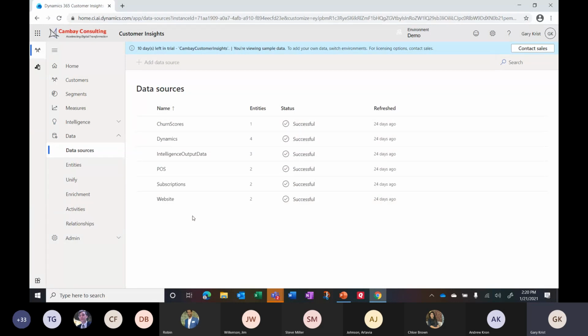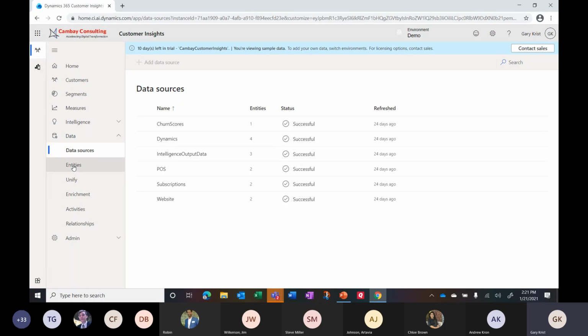So we can have as many data sources as we want set up here. And again, these are all being merged together and stored within the Azure data lake. And within each of these sources, we can also have multiple entities. For instance, Dynamics, you'll see there's 4 entities here.